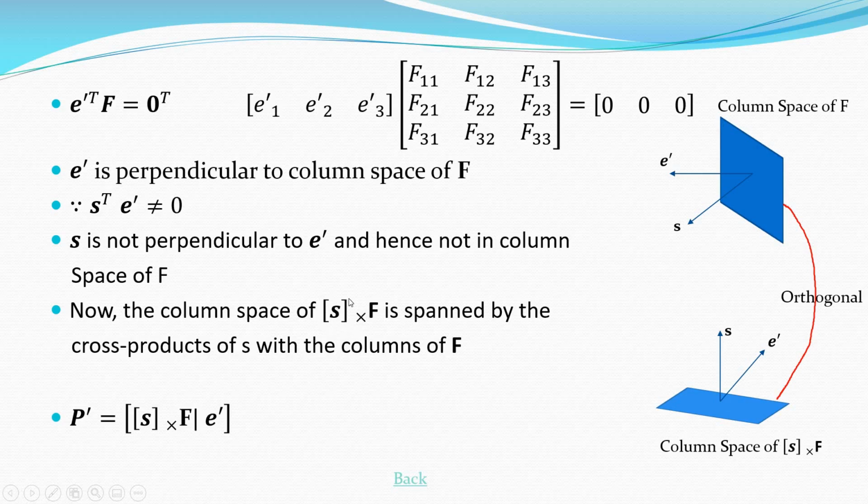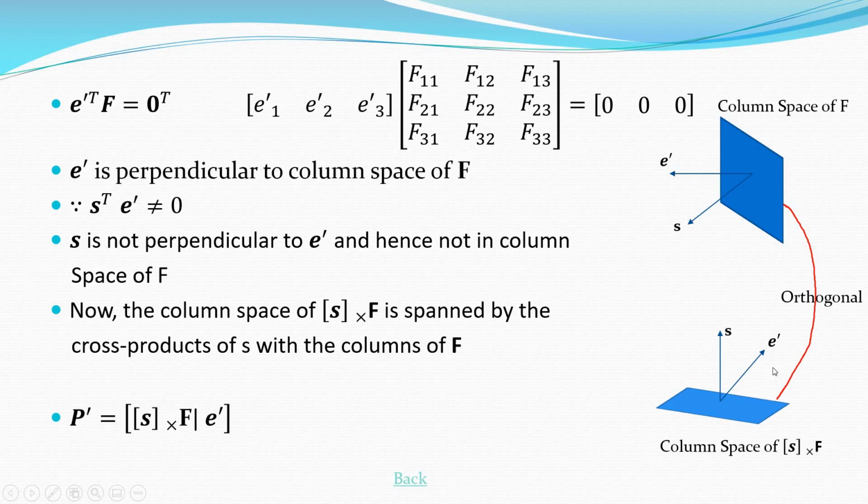Why? Because this is the cross product. The cross product gives you vectors that are perpendicular to both of these. So the column space of this matrix will give you a vector which is perpendicular to S as well as perpendicular to this column space that is lying over here. Okay, so now because E is not perpendicular to S, that means E cannot lie in this column space.